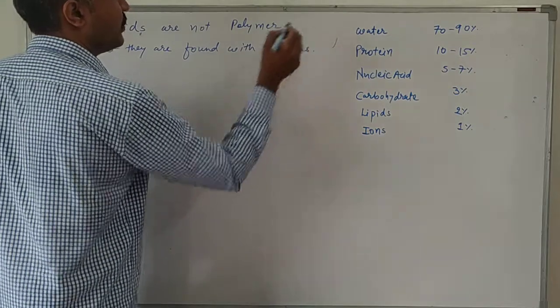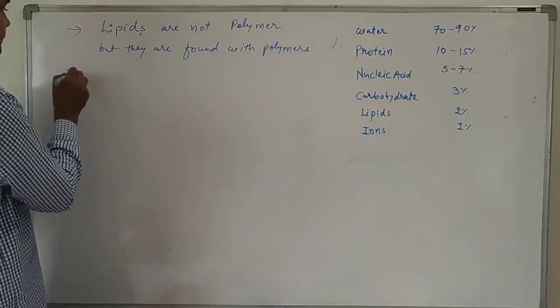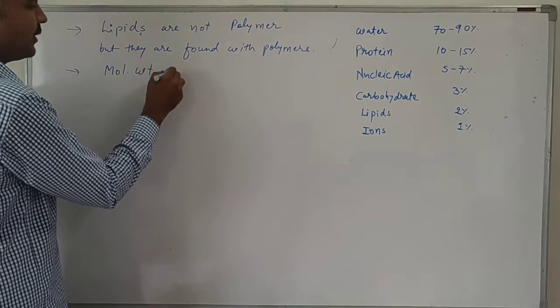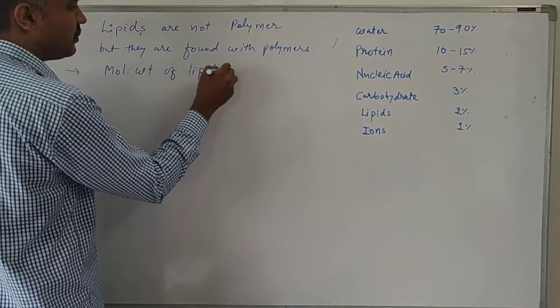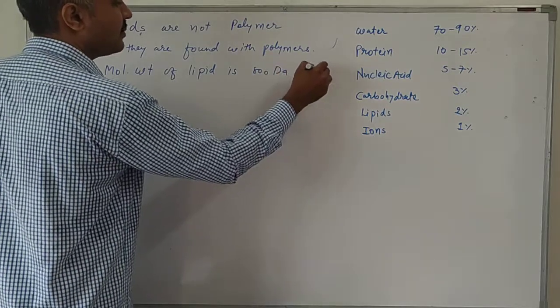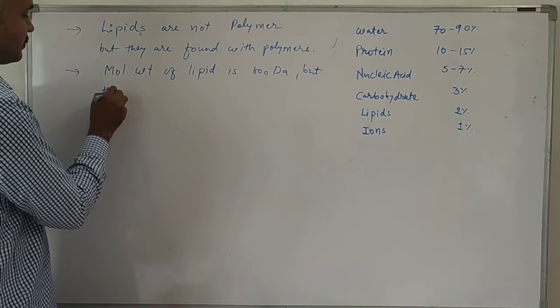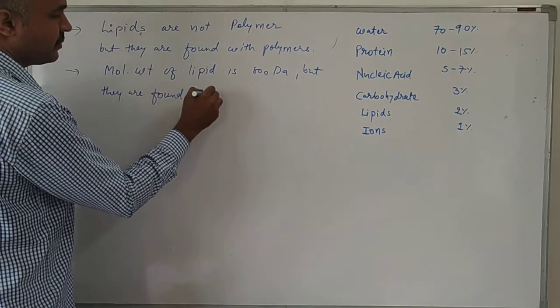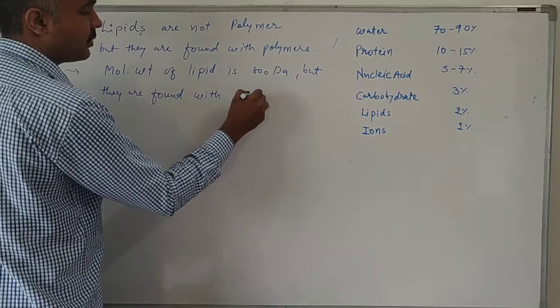The molecular weight of lipid is 800 Dalton, but they are found with macromolecules.